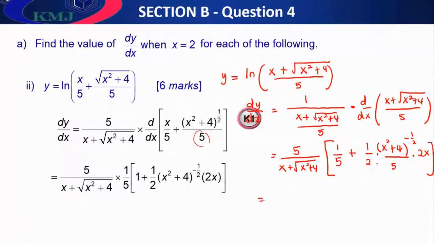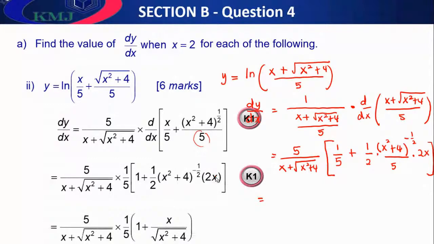So if you simplify, we can bring the 1 over 5 to the outside. Okay, K1 for this step. So now you can get 5 over (x + √(x² + 4)) times, we factorize 1 over 5 here, times 1 plus 1/2 times 2x, we can cancel out 2 here.